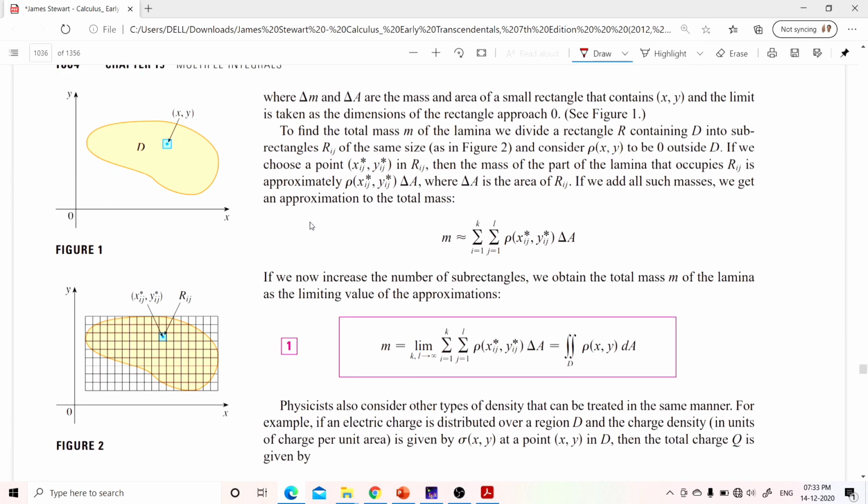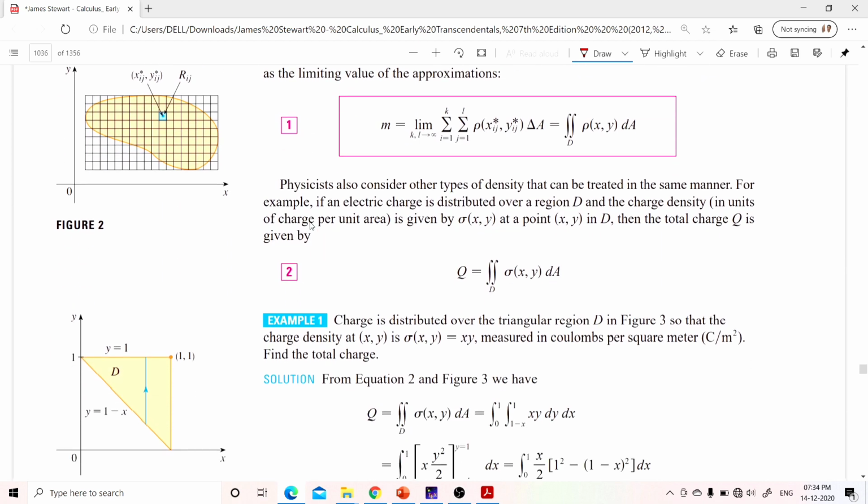Using some physical ideas and mathematical calculations, we see that the mass is the double integral of the density over the given region. If your density is a varying quantity, just integrate over the given region to get the mass.